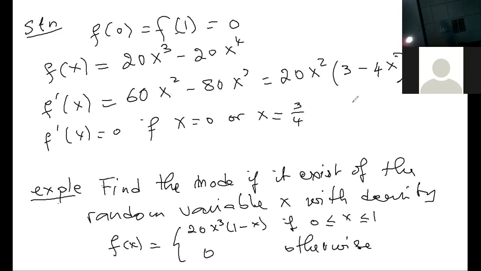If you want to look at the sign of f prime of x, f prime of x will be 0 at 0 and 3 over 4.